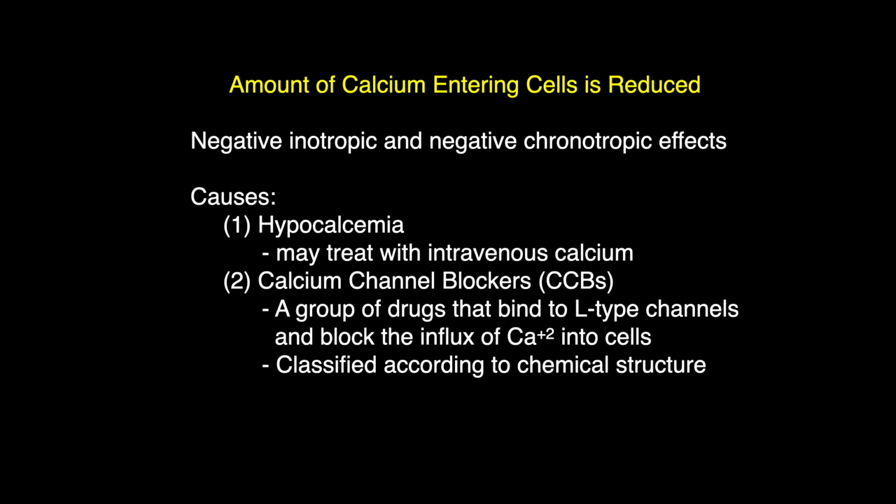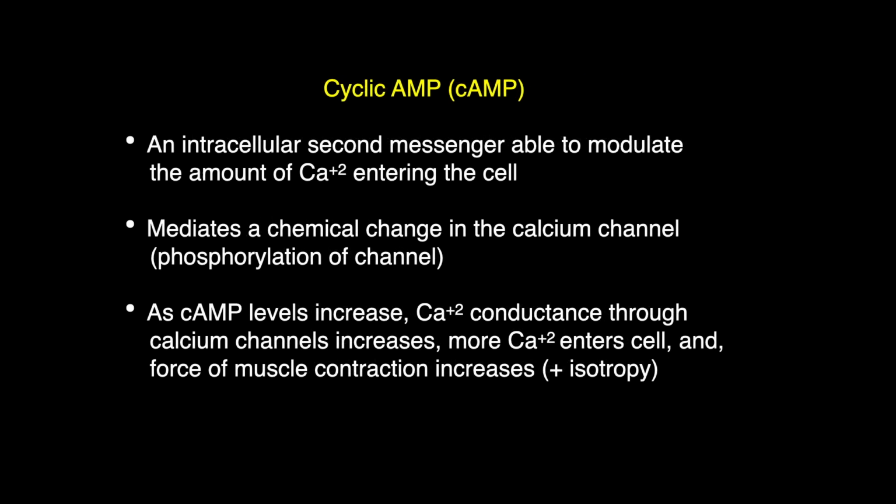We will explore these calcium channel blockers in much more detail during another lesson. However, in the next lesson, we will continue this discussion of calcium channels, and in particular, we will examine how the effects of beta-adrenergic agonist and cyclic AMP are able to cause more calcium to enter the heart cell, resulting in an increase in the force of muscle contraction.